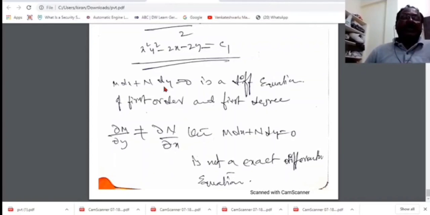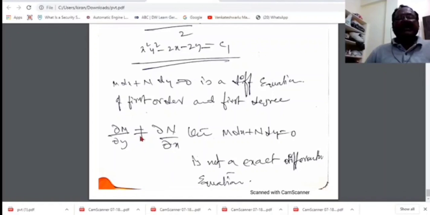In case the given first order and first degree differential equation M dx plus N dy equal to 0 is not exact, our condition is not satisfied. What is our condition? ∂M/∂y is not equal to ∂N/∂x.